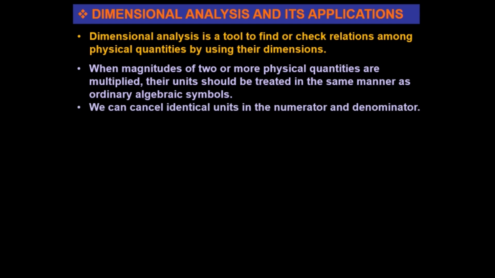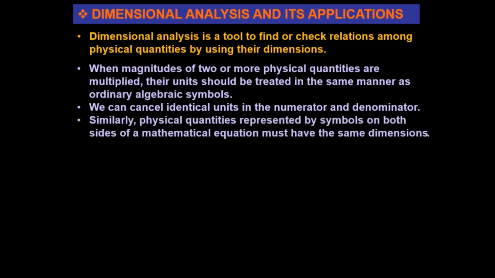We can cancel identical units in the numerator and denominator. Similarly, physical quantities represented by symbols on both sides of a mathematical equation must have the same dimensions.